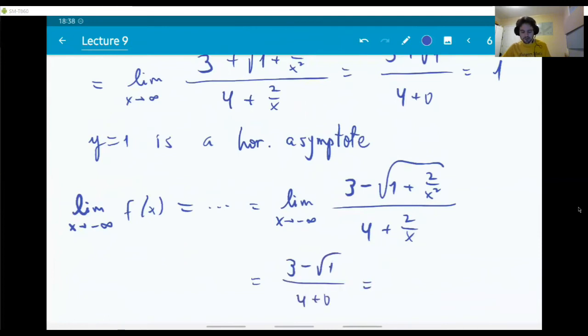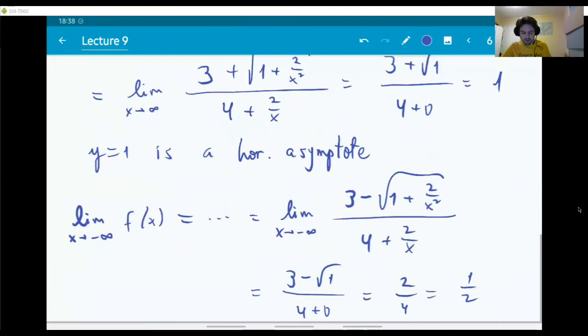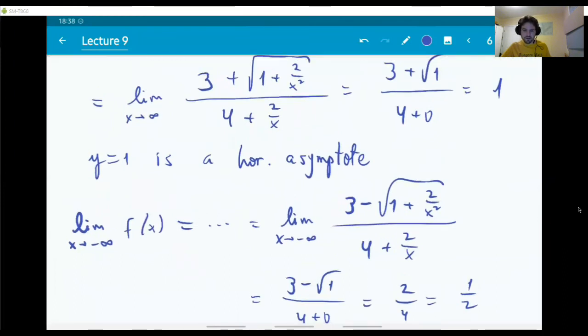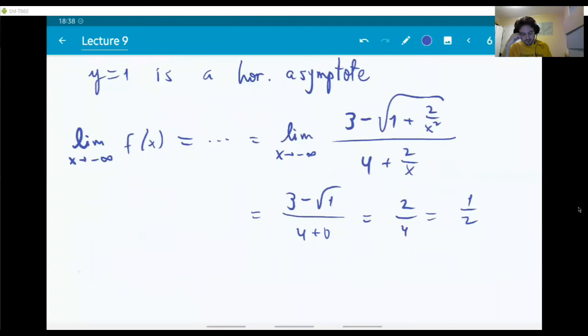This time, this is a 2 over 4, or 1/2. Different limit at minus infinity caused by this. This is usually how you get a different value for the limit at plus and minus infinity. This old trick of the square root of x squared. All right, so y equals 1/2 is another horizontal asymptote.